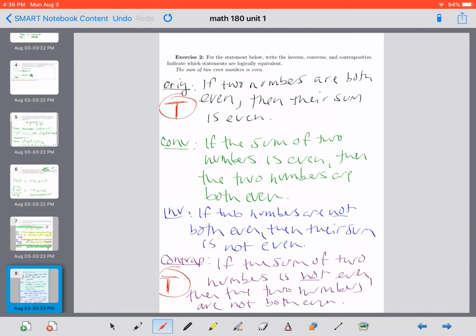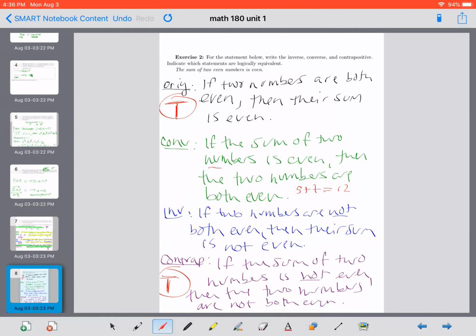If the sum of two numbers is even, then the two numbers are both even. Is that going to be true for any real numbers? For any two real numbers, if the sum of the two numbers is even, do we know for sure that they're both even? That's not necessarily always going to be the case. For instance, 5 plus 7 is even because it's equal to 12.